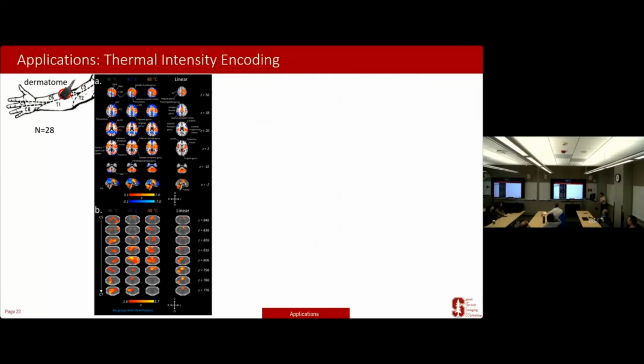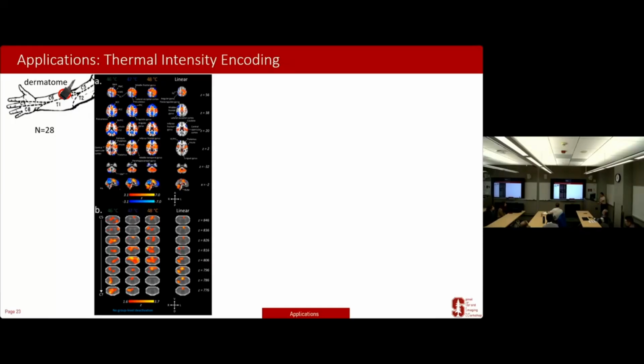All right, what about activation? The thermal stimulus was placed on the right forearm, so that corresponds to dermatome spinal cord segment level C6. Brain activation and deactivation from 46, 47, and 48 are shown in these 3 columns.